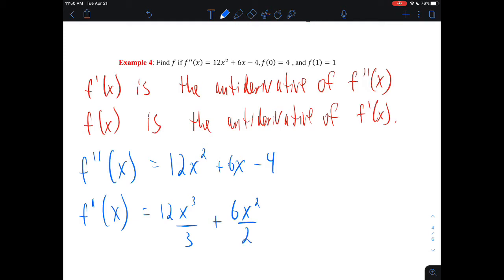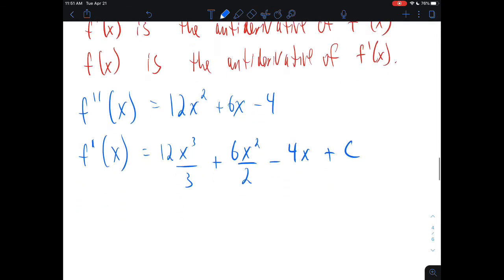With the constant, just think constants are the derivatives of linear functions. They're the slope. So this would have to be 4 times x. And again, just check. Does it make sense that the derivative of 4x is 4? Yes. So then the antiderivative of 4 goes back to 4x. And then we need our constant. Now we can't figure out c yet. We have to go on to f of x, and then we'll eventually be able to find our constants.